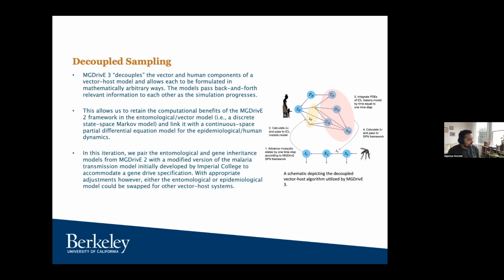And we are able to link it with a continuous space partial differential equation model for the epidemiological and human infection dynamics. So in this iteration, we paired the model from MGDrivEv3 with the Imperial College malaria model, and we made some modifications to allow the gene drive aspect of it to be simulated.